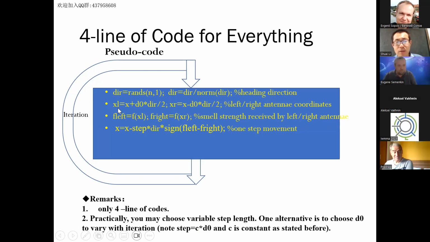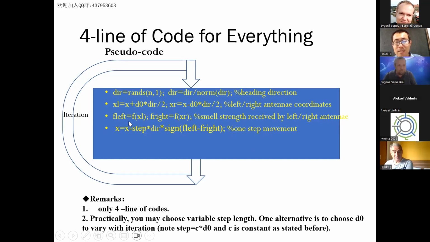And then accordingly, we can obtain the values for XL and XR. XL is the location of the left antenna point. XR is the location of the right antenna point, both of which are vectors. And then we do the sampling. XL and XR are locations of the antennas, but we need to obtain the signal strength at the left antenna and the signal strength at the right antenna.